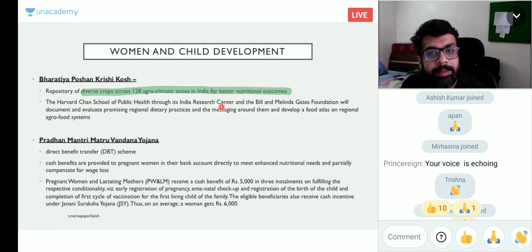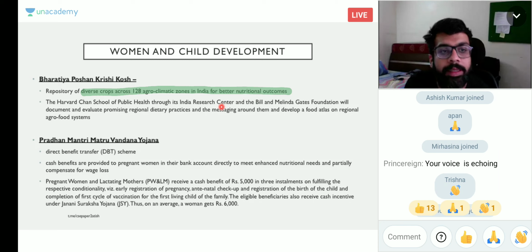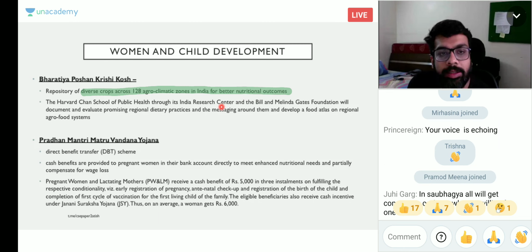This basically means we're going to have food data or nutrition data based on local conditions of different parts of the country. Okay.